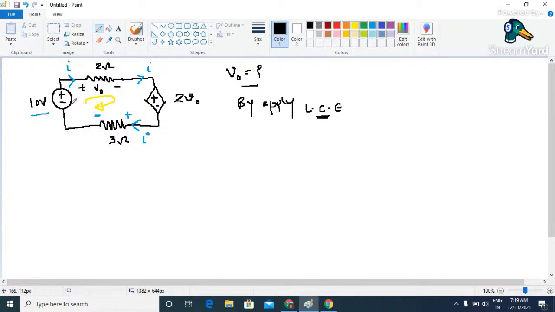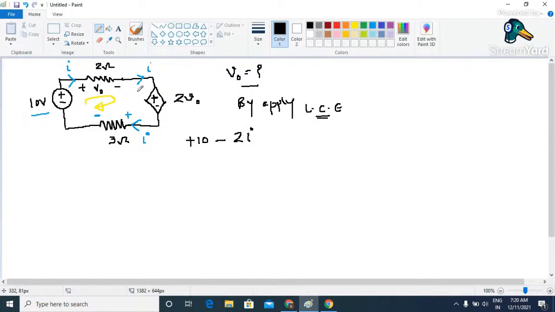So we will experience a rise, and the rise is of 10 volt, plus 10 volt. Then when we are moving through this element in the direction of current, plus to minus, we will experience a drop, and a drop is negative. So what will be the magnitude of that voltage? It is simply 2 into I.